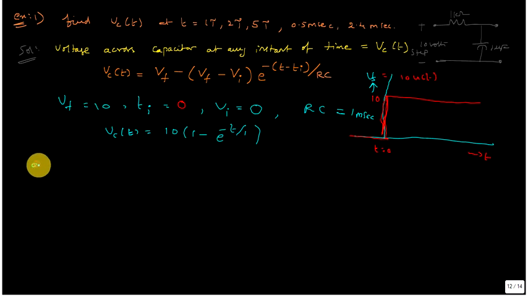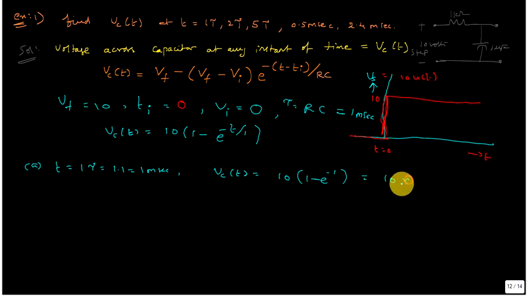First, when t is equal to 1 tau, and tau is equal to RC, that means 1 millisecond. By that time Vc of t is equal to 10 into 1 minus e power minus 1, which is 10 into 0.632, equal to 6.32 volts.